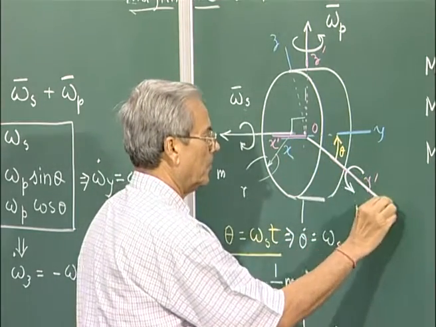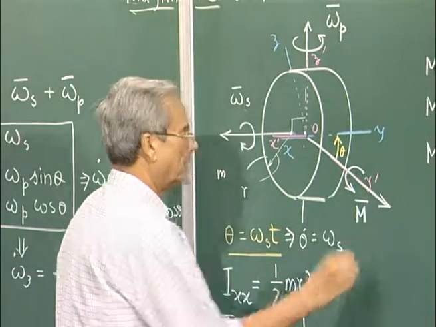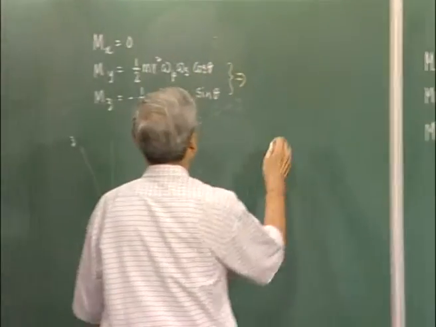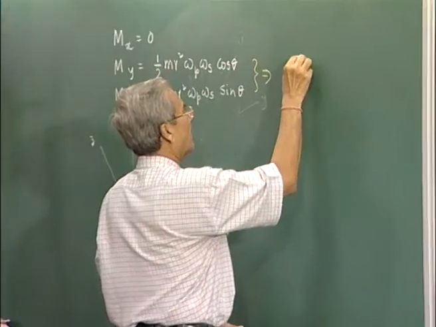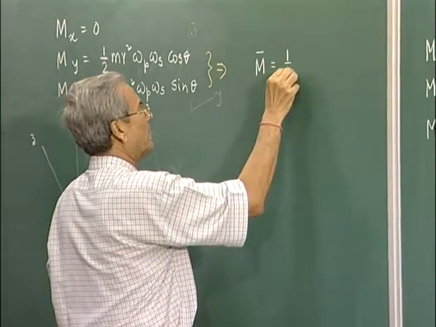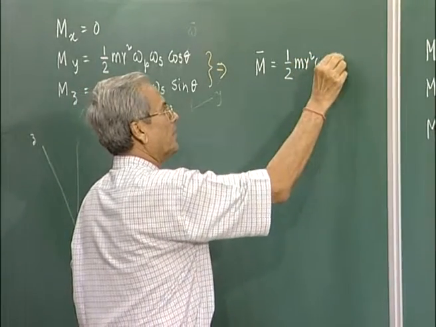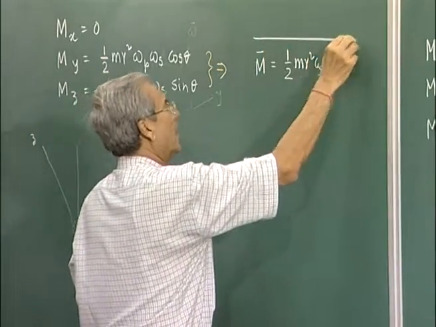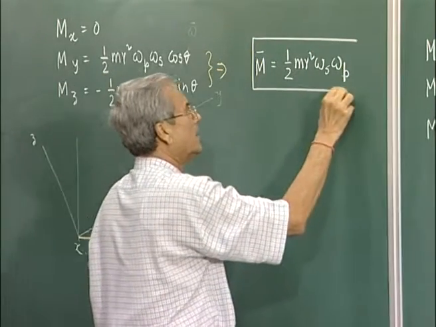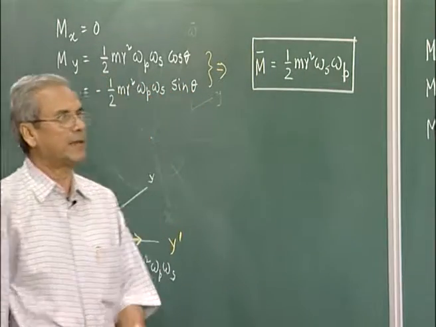So, this is the moment vector whose magnitude is half m r square omega s omega p, and this acts along the y prime axis.